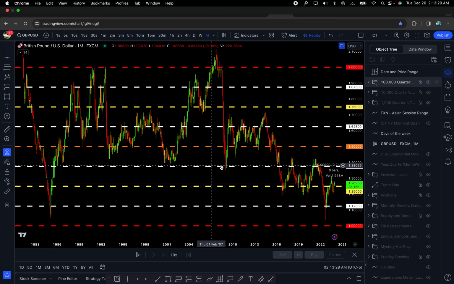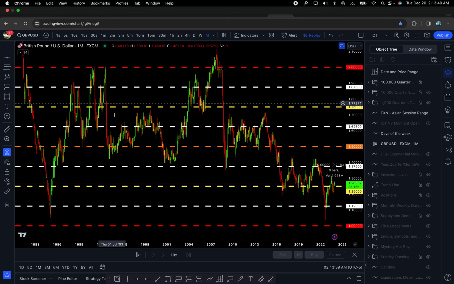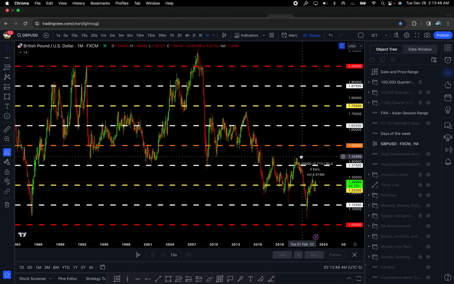It's trying to get below here, can't quite do it yet. Finally, okay, so it's like support goes up, resistance, support, resistance, support. Finally, support becomes resistance.